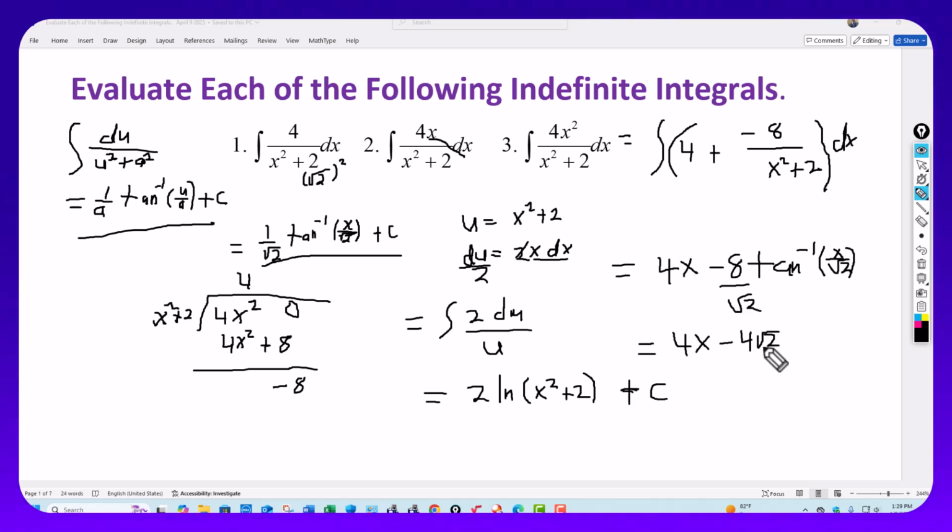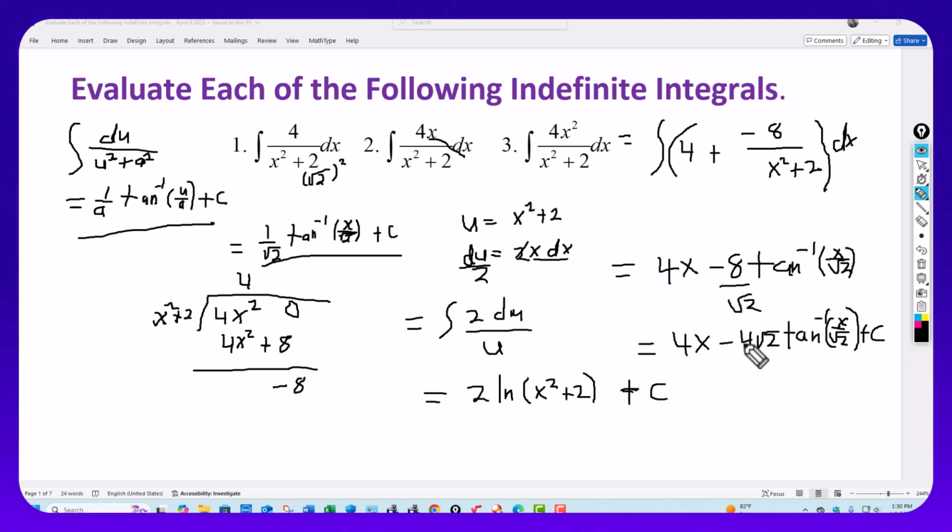And got minus 4 square root of 2, and this is again times the tangent inverse of x over the square root of 2. And I could also rationalize here, multiplying by the square root of 2, I would get the square root of 2 x over 2. I'll just leave it like that. You can take it from there. Then the constant of integration.